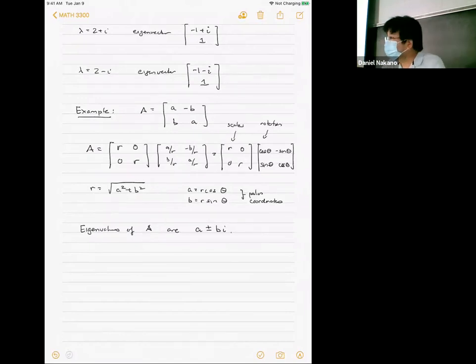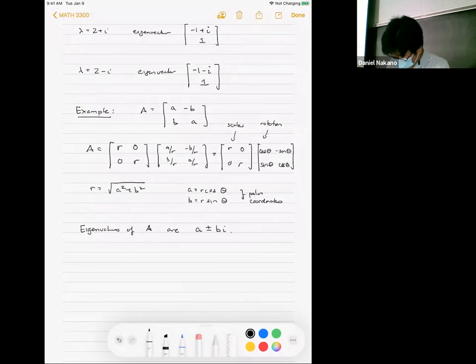Now what I want to do is compare these two examples. To compare them, I'm going to rename things. That's the advantage with this iPad.